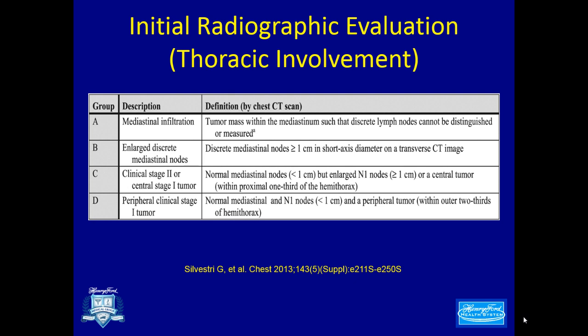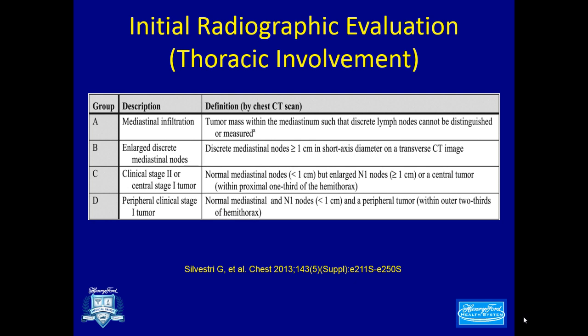Pretty much patients who have the tumor that has already infiltrated the mediastinum, or just some tumoral lymph node that has already infiltrated the mediastinum, that is not allowing you to localize the other lymph nodes around. And we're going to show you a picture in a minute. That's the group A. Group B, most of the patients probably that we see, enlarged discrete mediastinal nodes.